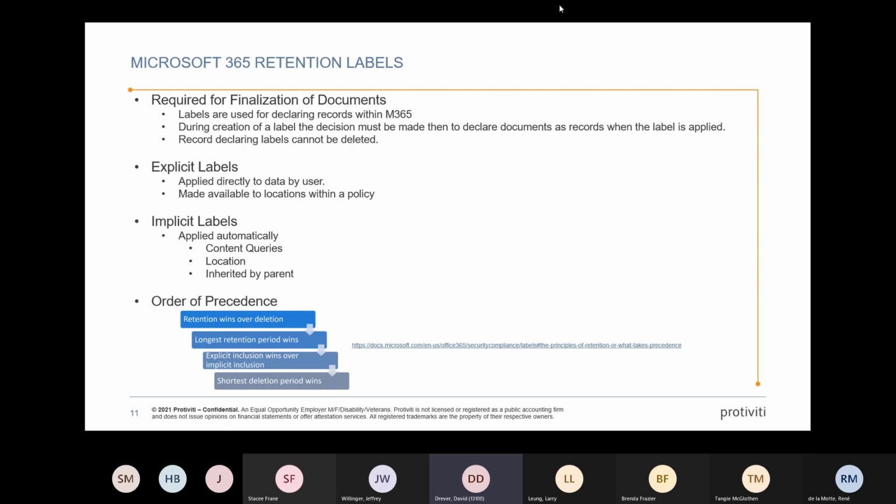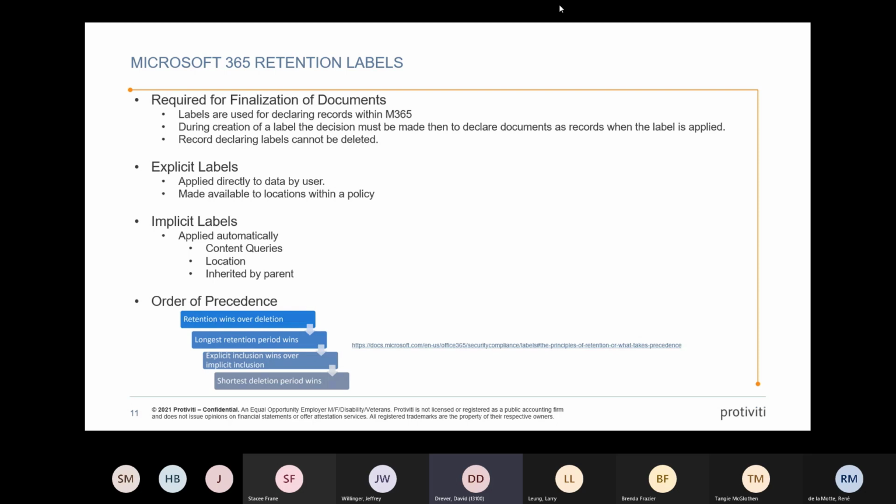If, however, I have a workflow that using the REST APIs is actually assigning a label through a flow, even though it's an automated process, it's an explicit label because I've actually manually set it through the API. So that's something to be aware of. When I talk about automatic labeling, I'm talking about labeling that's being done by the label policy itself, or by where the document is located, because it's being inherited by the parent.